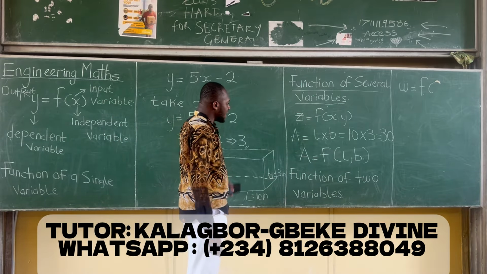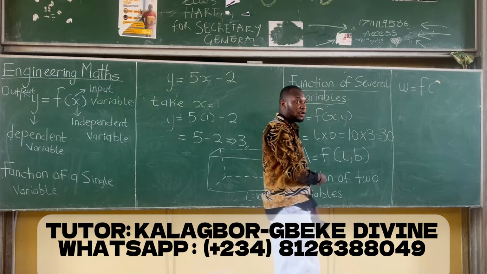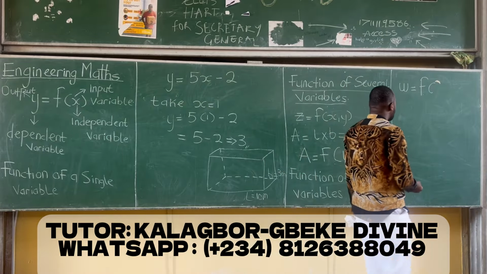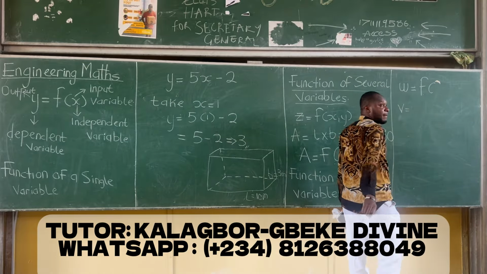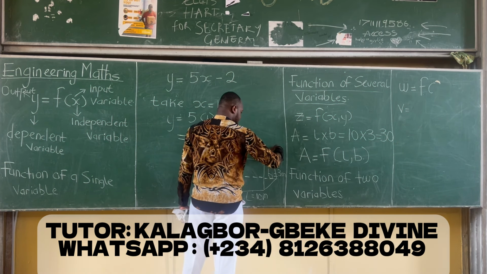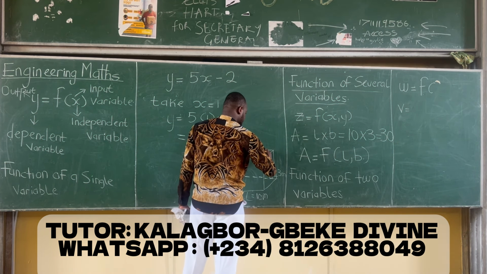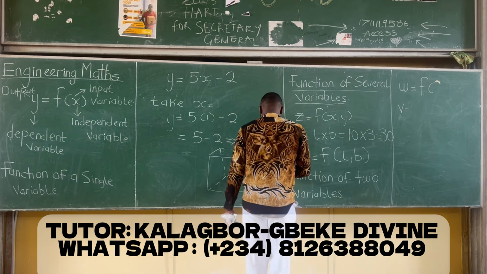Let's say this is a 3-dimensional shape and we're asked to find the volume. So what is the formula for volume? Let's say this is the length, this is the breadth, then this side, from here to here, is the width. So our volume will be what? So let's not use W since you're using W.